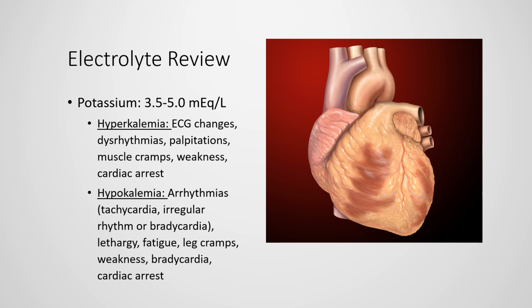Okay, so with hyperkalemia, we will see electrocardiogram changes when we do a 12-lead electrocardiogram. We can see all kinds of arrhythmias or dysrhythmias. They mean the same thing. People can get palpitations. They can go into very dangerous ventricular rhythms, and finally into cardiac arrest.